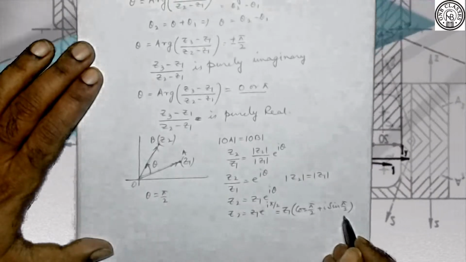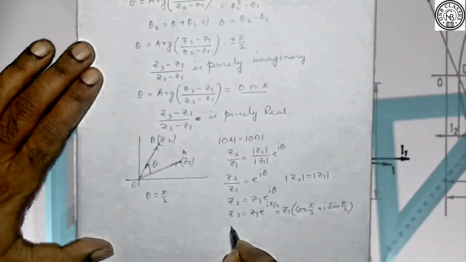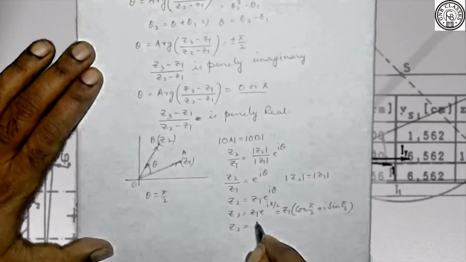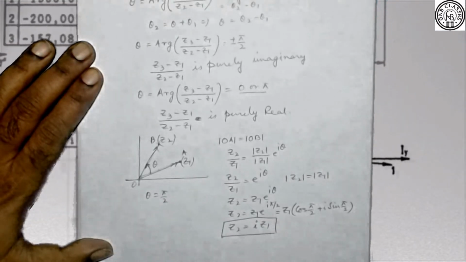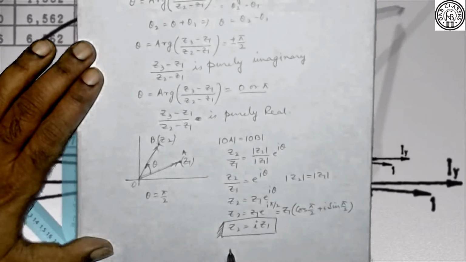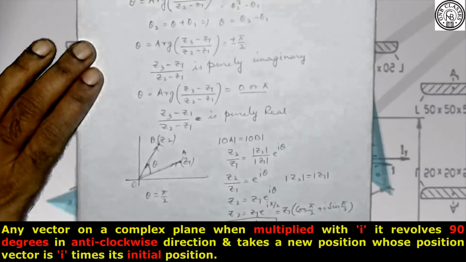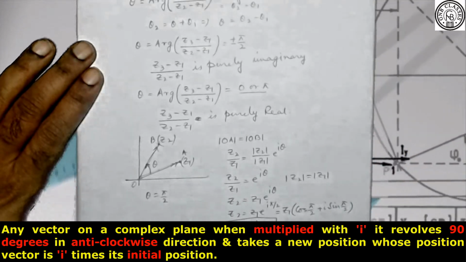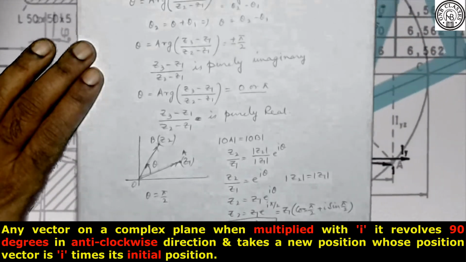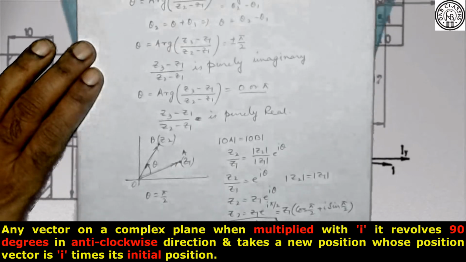Again, cos pi by 2 is 0 and sin pi by 2 is 1. So we get Z2 is nothing but iota Z1. Tell me yes or no. It means that the new position Z2 can be obtained by simply multiplying iota with Z1. Is it clear? This is a very, very important derivation.